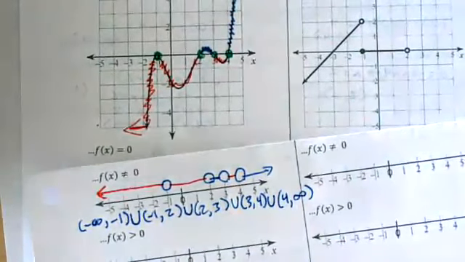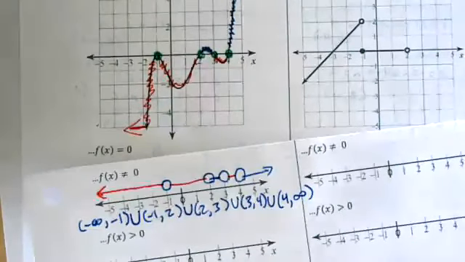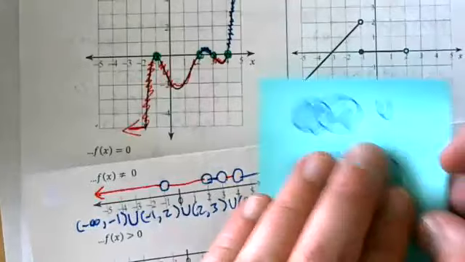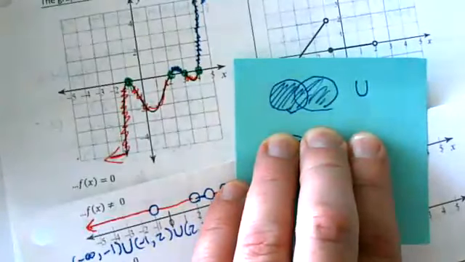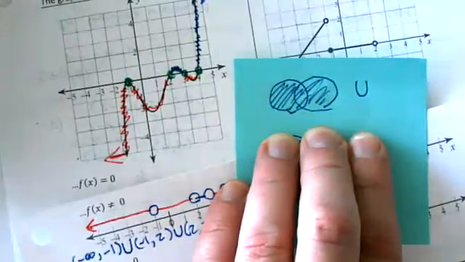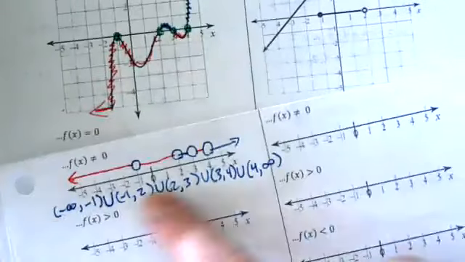So, do you remember Venn diagrams? U just means that you're taking a collection of anything that's in any of the groups. So in a Venn diagram, that would be the union of the two circles. All it means is my answer is the collection of any point that's in any of these regions.